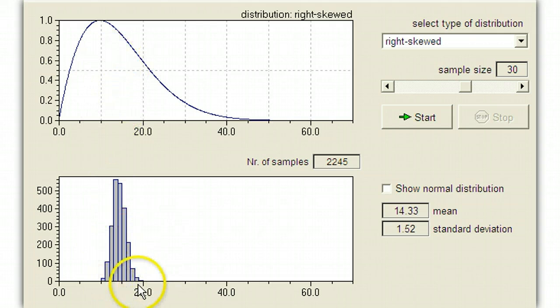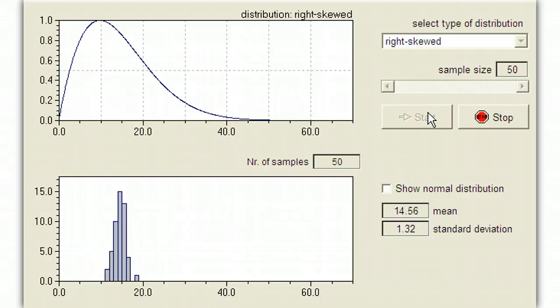But the central limit theorem shows us that the bigger the sample size gets, the tighter the distribution of the sample mean gets, and the center of this bell-shaped distribution will point right to that population mean. Remember, the mean of the sample means is the population mean. And that's the idea of the central limit theorem. Make this go all the way up to 50, and it gets really tight around that mean of 14.5 or 14.33.